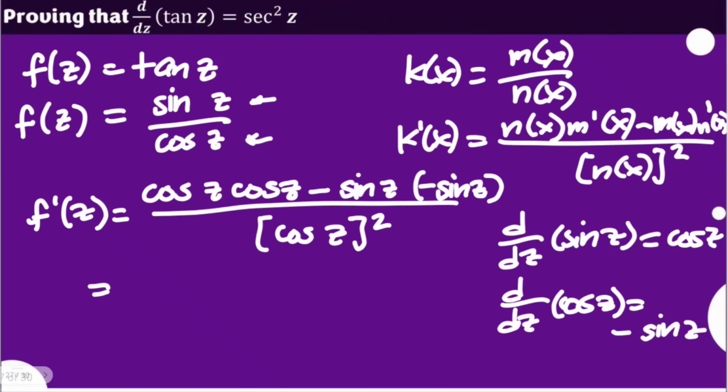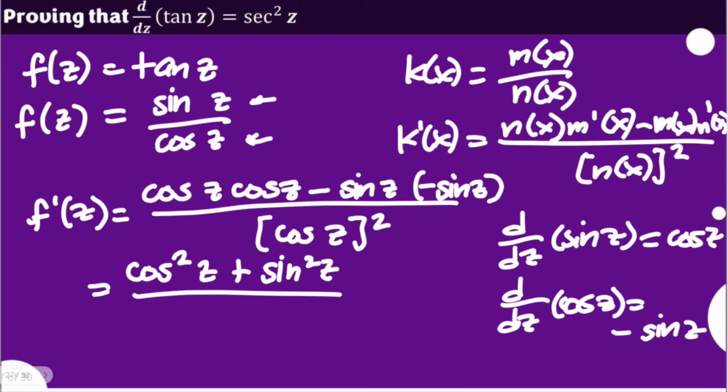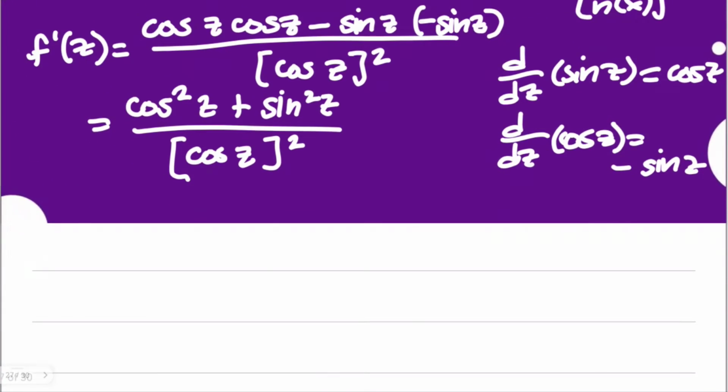Now, this would be equivalent to the square of cosine z, and negative times negative is plus the square of sine z, all over cosine squared z. Allow me to still stick to this form because later on there is an equivalent form of that as well, right? So what is this equivalent to? That is basically 1 over the square of cosine z.